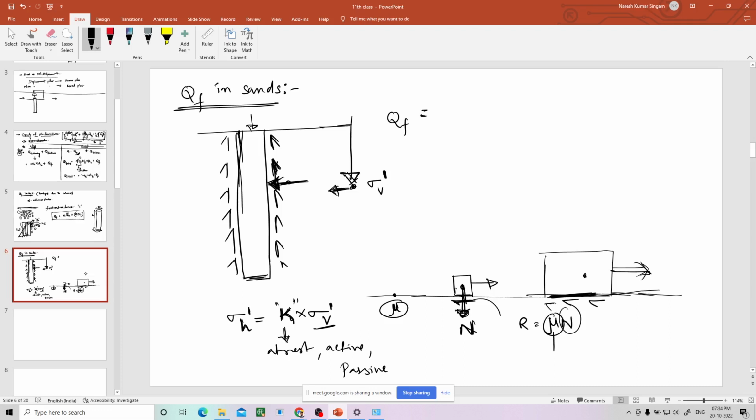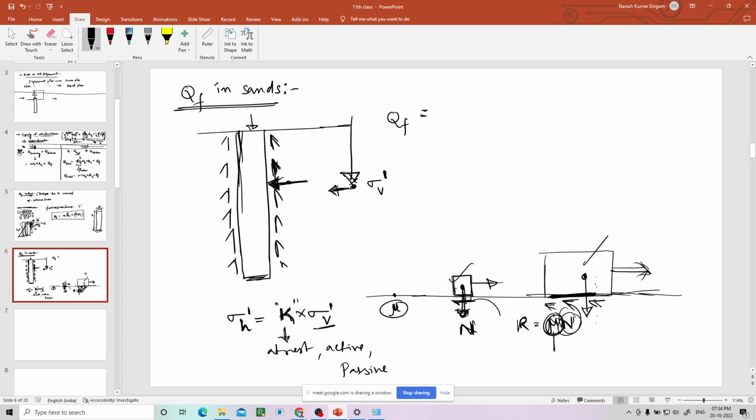Mu will be constant between these two materials because the material is the same. If you take a small block, you can move it easily because N, the vertical load, is less. So the perpendicular load causes the resistance along the floor by multiplying with mu.